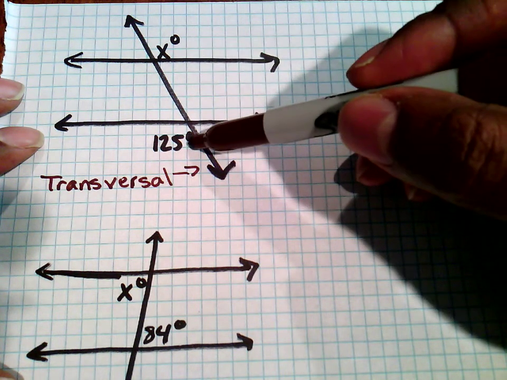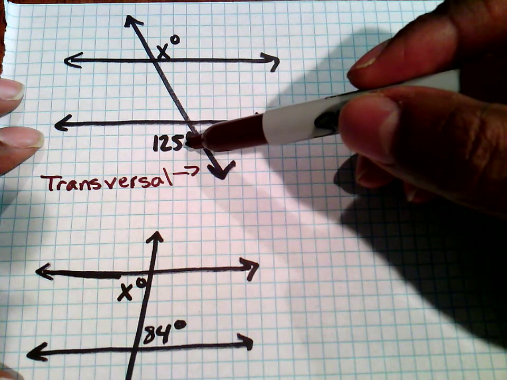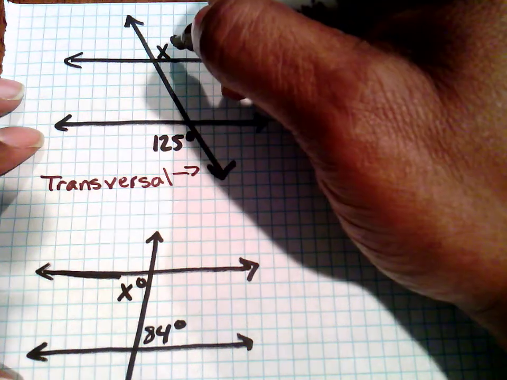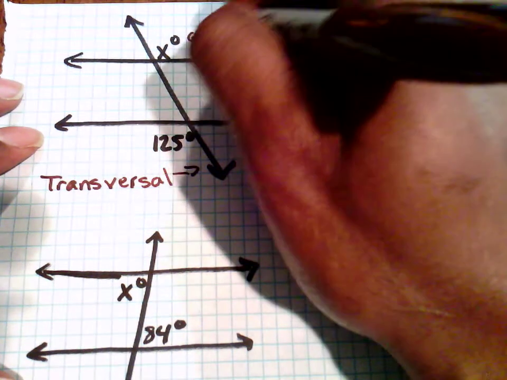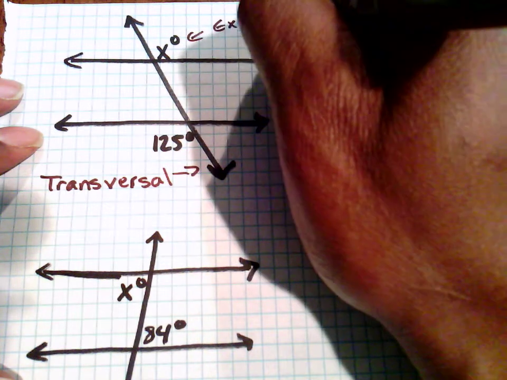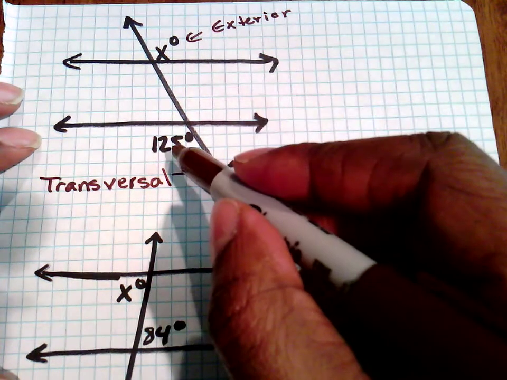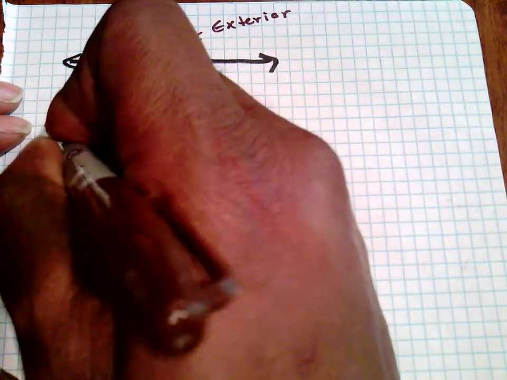Then we have a 125 degree angle in this intersection. Also, another thing you might want to notice: this x degree angle is an exterior angle, and the 125 degree angle is also another exterior angle.